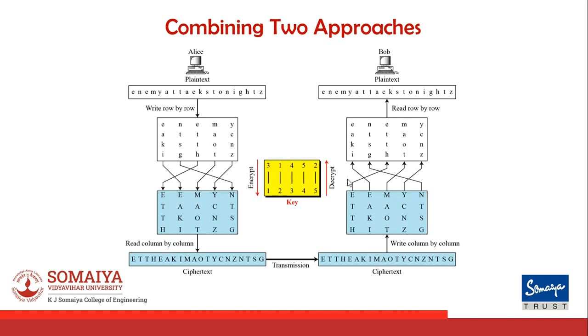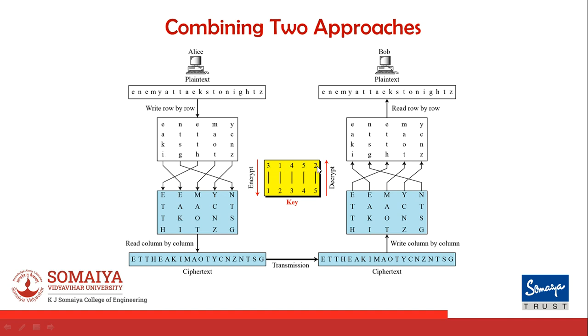Let's combine these two approaches, the key transposition and the columnar transposition, that is the keyless transposition. First of all, I apply the keyless transposition to "enemy attacks tonight", which we have just considered, and I add some fictitious characters. I write it in 5 columns, and I consider the key 31452 while collecting.